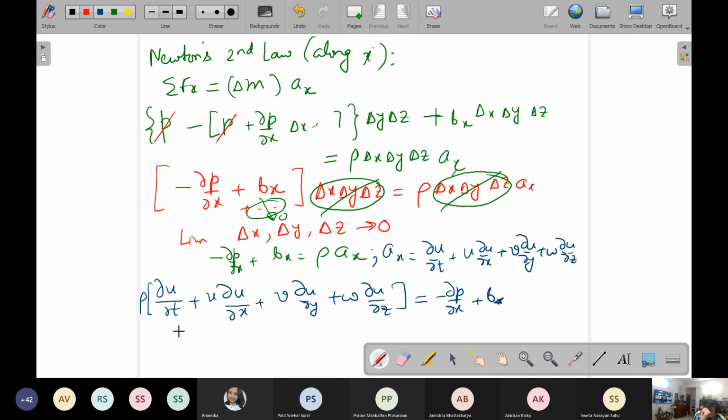So you can write, for example, this one, where this velocity vector v is this one, capital V. So if you take a dot product of that with a nabla operator, which sometimes you call it del operator.